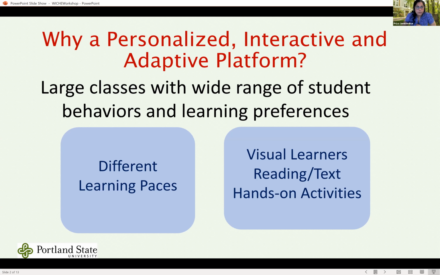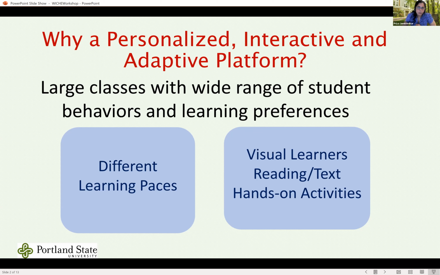So I want to start with why did we need a personalized, interactive, and adaptive platform? Portland State University is a public university, and we have really large class sizes. We have anywhere from 100 to 200 students per class in our introductory classes.